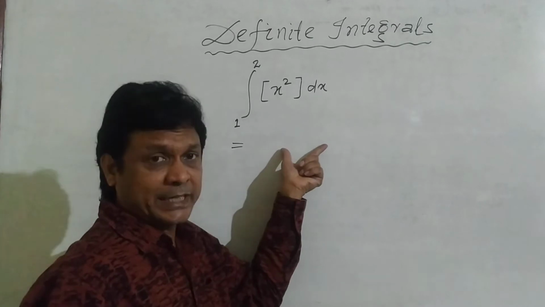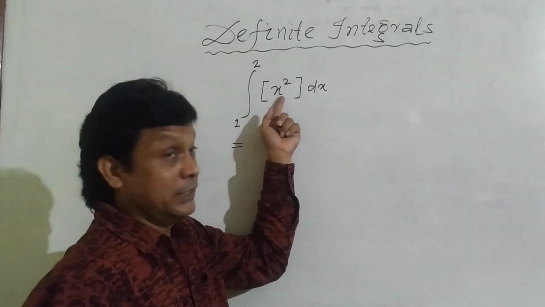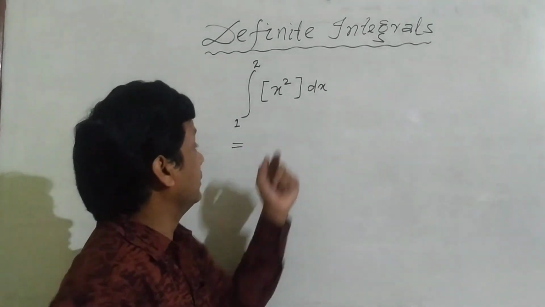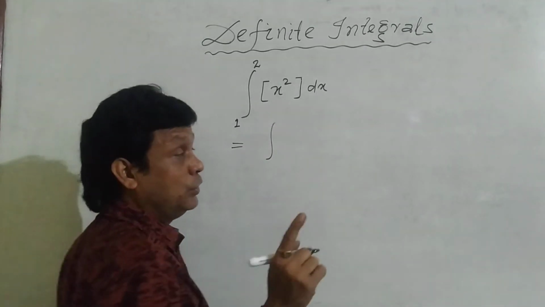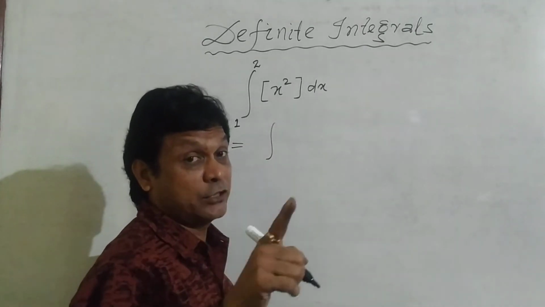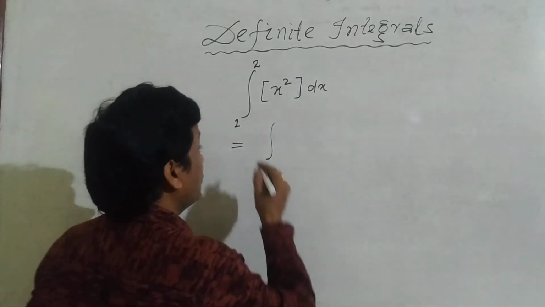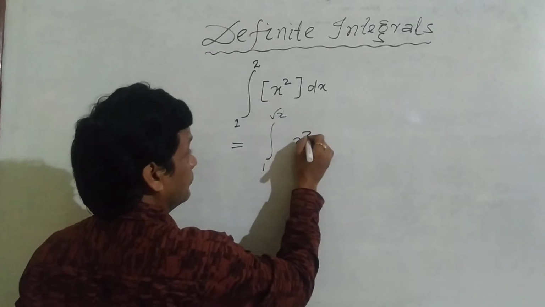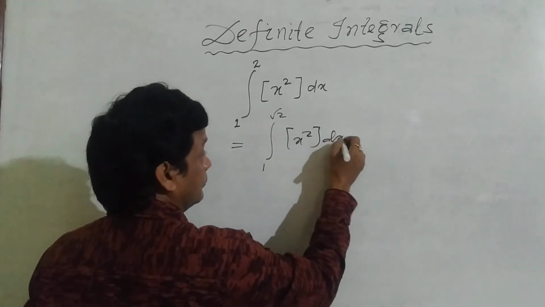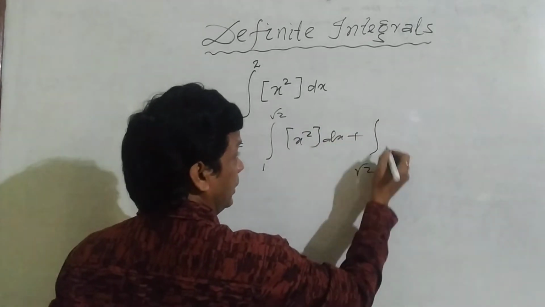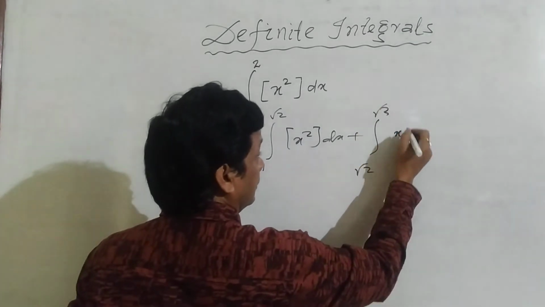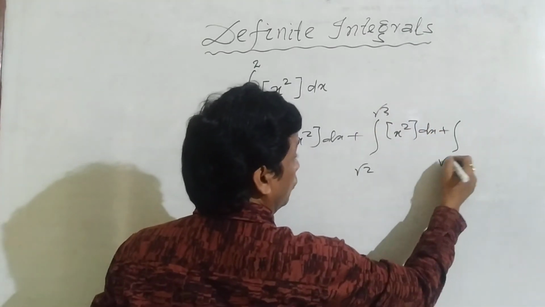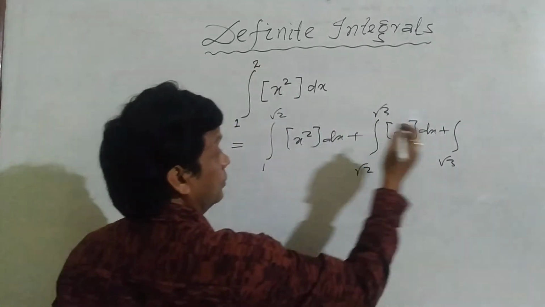In the previous example, I was changing this one. But here I am telling you how to change the limits. I have told you x square is equal to t, that means x is equal to square root of t. So here 1 to root 2, then root 2 to root 3, then root 3 to root 4. What is root 4? It is 2.